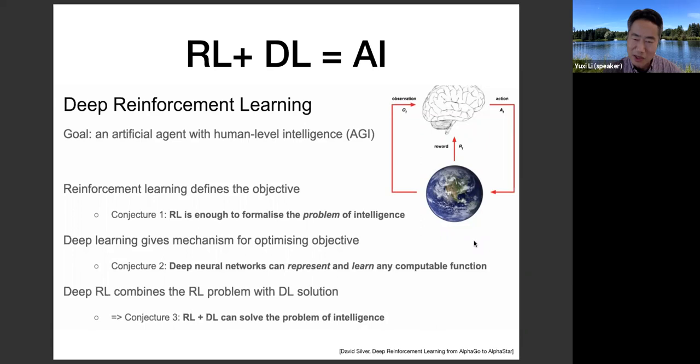But things are evolving. There are also some issues and challenges for deep learning and for reinforcement learning. For example, they may not be able to handle symbolic stuff, reasoning, or logic.